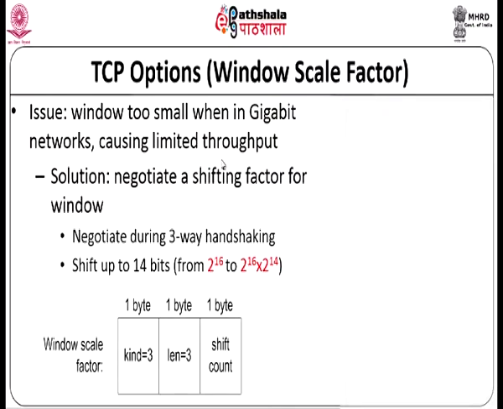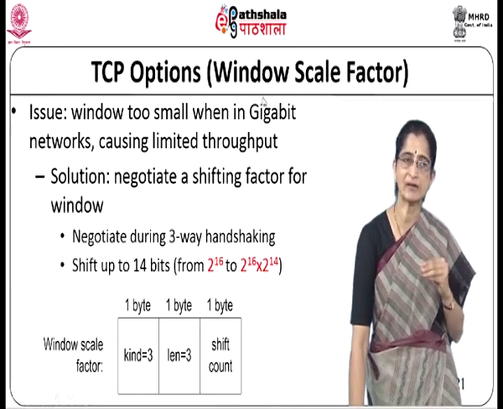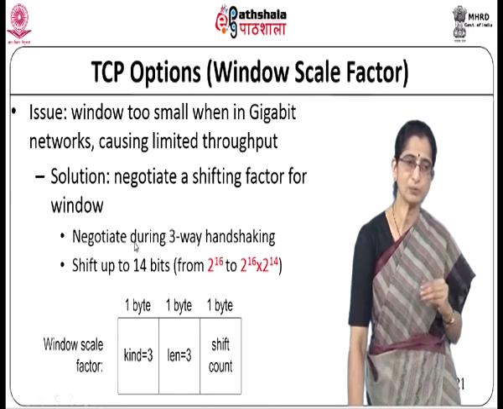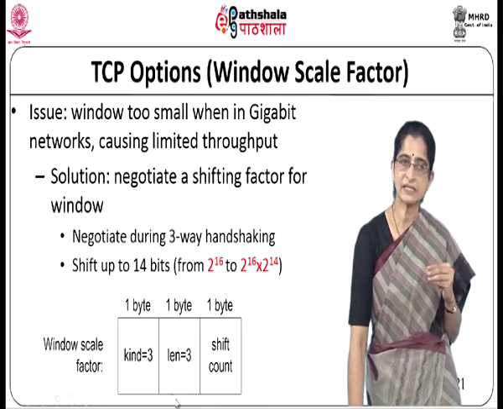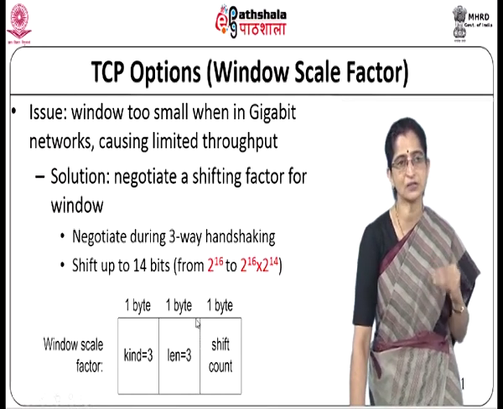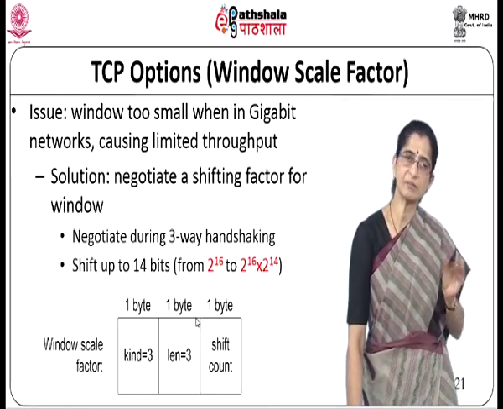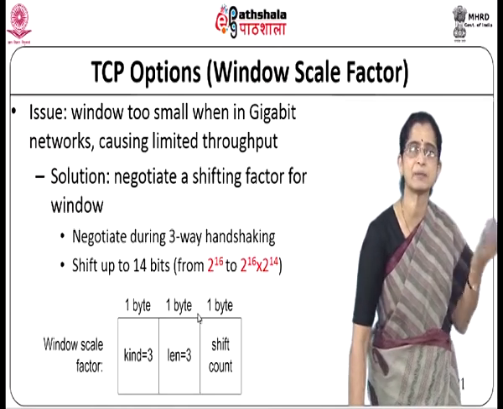So what we do is we negotiate a shifting factor as a window scale factor option. The shifting factor basically says you give me some value, but I will scale that up by some count value. So you may say that the window size is 100, but I will use a scaling factor of 16, which means the window size is actually 16 into 100, which is 1600. That way my 64 kilobyte limit can be expanded because I can multiply it by a scaling factor.